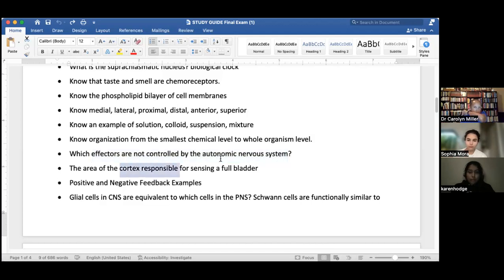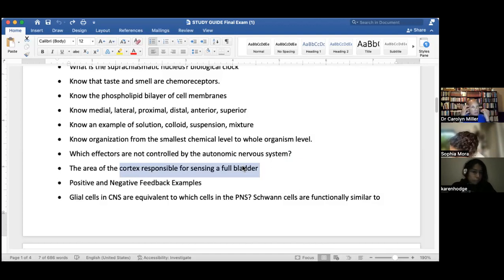The area of the cortex responsible for sensing a full bladder. The bladder is an organ, so it would be the visceral cortex. The brain was mapped, and you saw the primary somatosensory area, somatosensory association, primary visual association. There was a big map of the entire cerebrum.